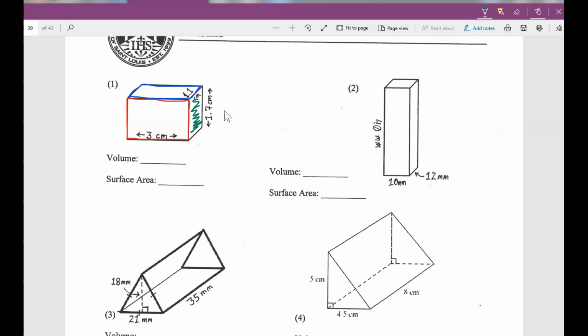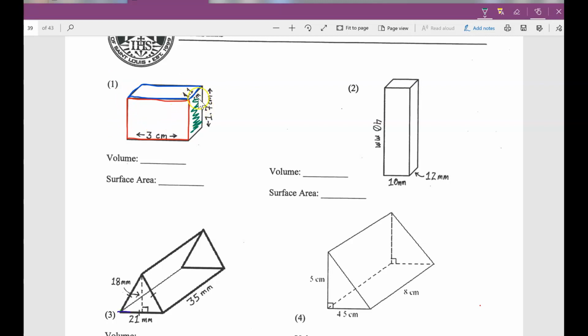Now we know how to find the area of a rectangle. So all we need to do is find the area of each of the 3 rectangles we can see and multiply by 2. In other words, we find the area of this right-hand face and then multiply our result by 2 because there's also a left-hand face.